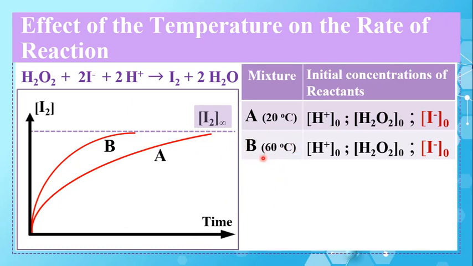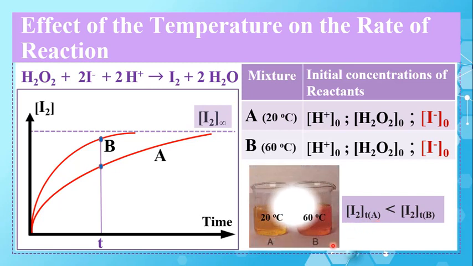So when temperature increases, the rate of reaction increases, and at the same time t here, the concentration of I2 in mixture B is bigger than the concentration of I2 in mixture A. Here, the production of I2 is more than that in beaker A at the same instant.